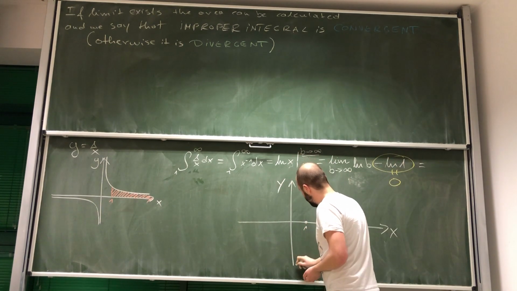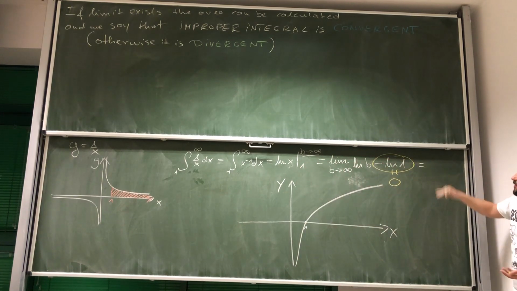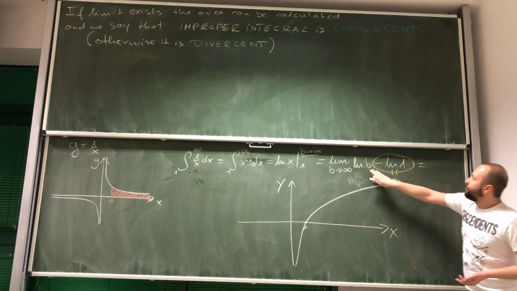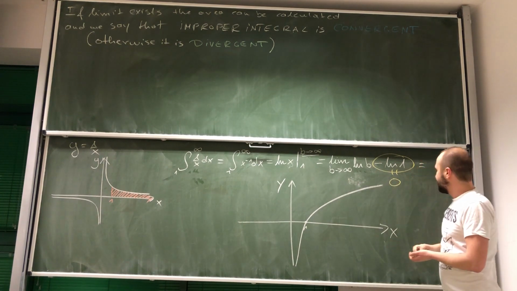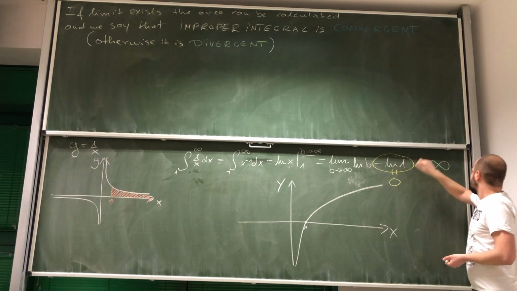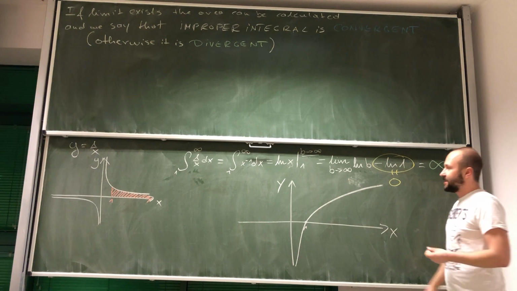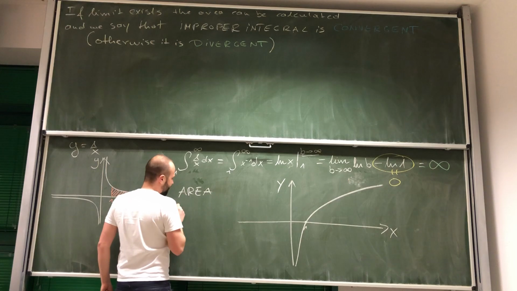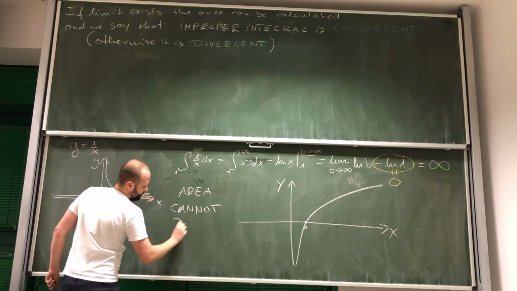It goes through 1, and it increases indefinitely as x is increasing, right? So the bigger the b, the bigger the ln b. So in this case, limit is equal to infinity. So limit does not exist. So in this case, area cannot be calculated.